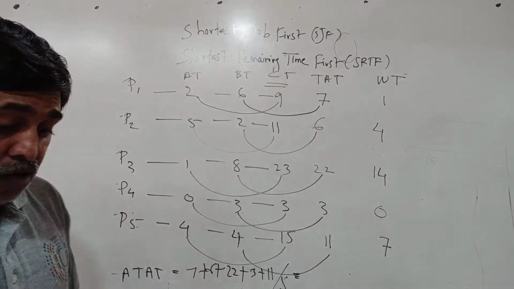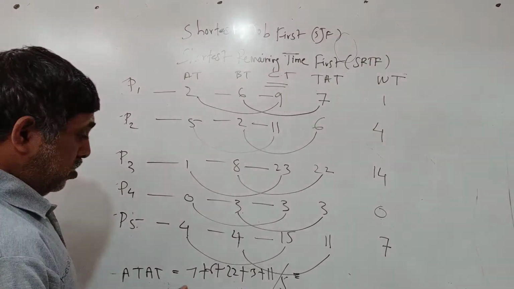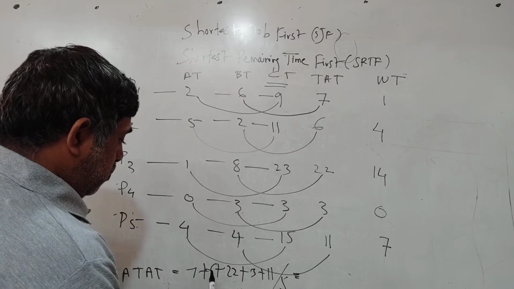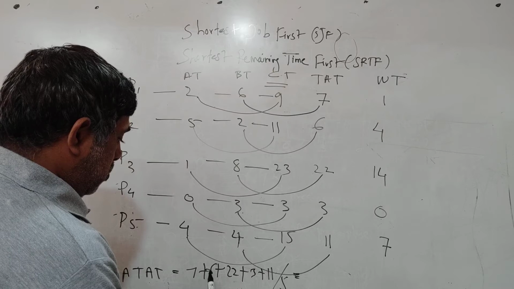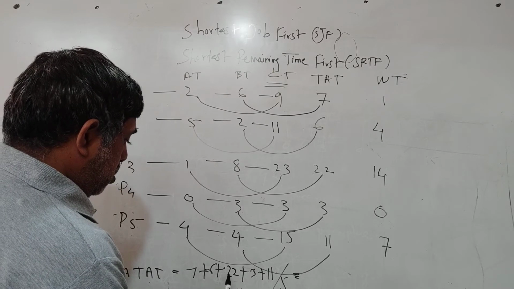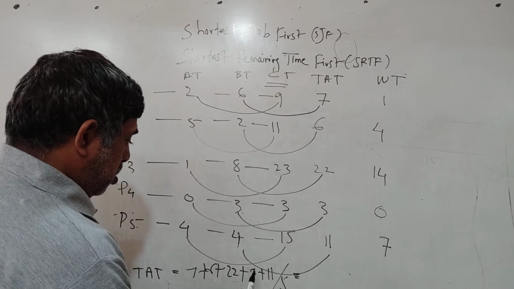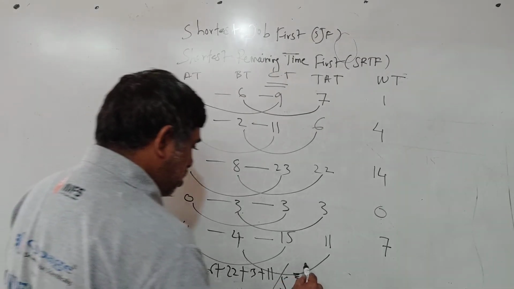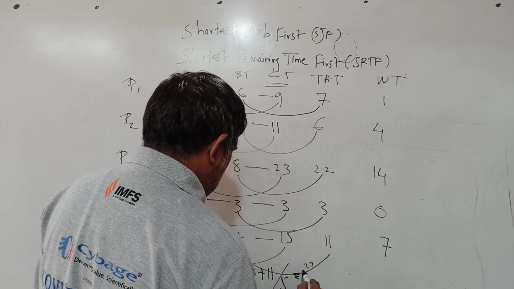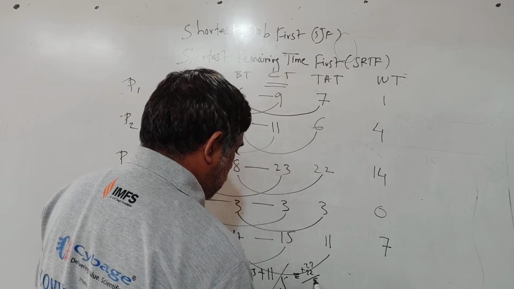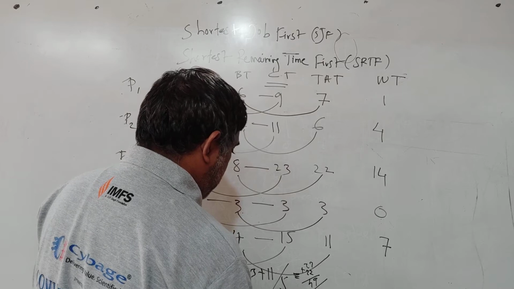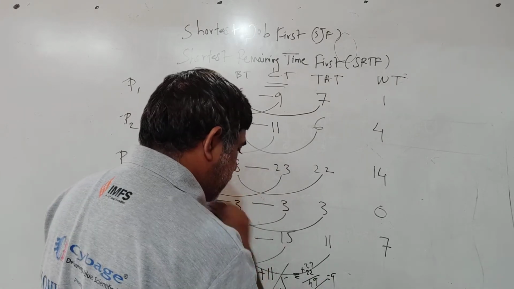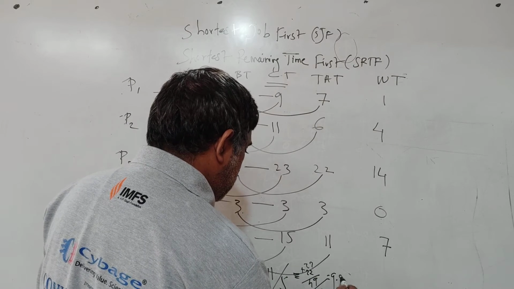So how much does it come out to be? 49 divided by 5, so it is 9.8 units.